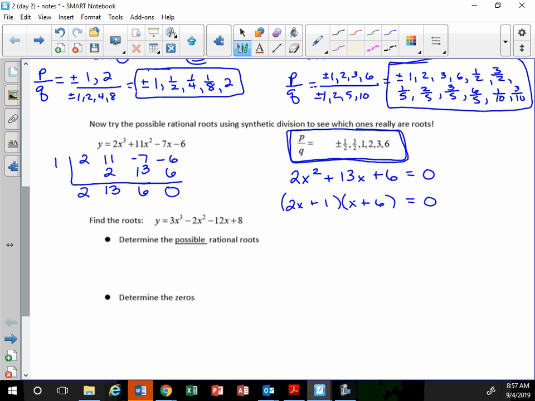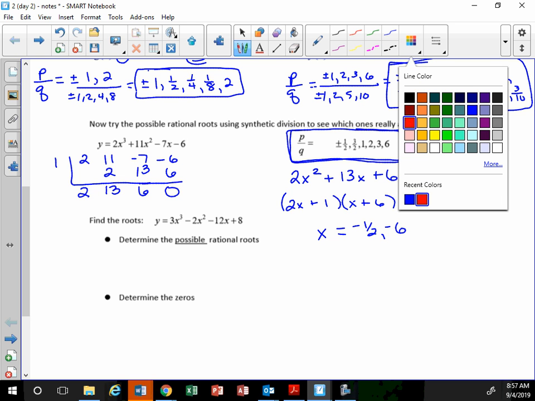So what are my answers? What does x equal? Yep. Okay. Now it was third degree, so I should expect one more solution. Yes, it's 1. Don't lose this guy over here. The one that worked with your synthetic division, you need.